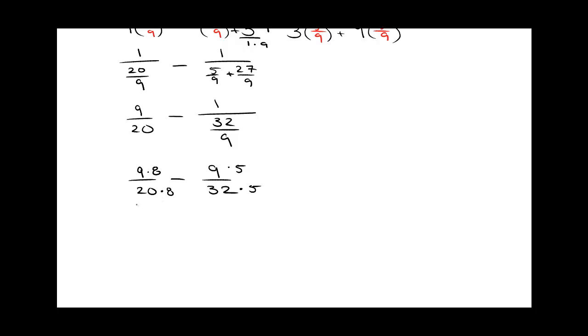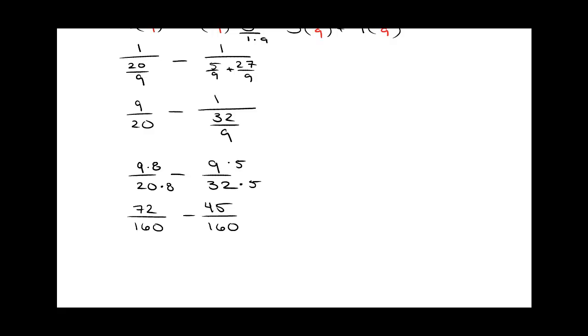And now we're going to multiply 9 times 8. 9 times 8 is going to give me 72/160 minus 45/160. And when I subtract 45 from 72, that's going to give me 27/160. If I can get 27/160 on the other side of the equal sign, then I can show there is an equality here.